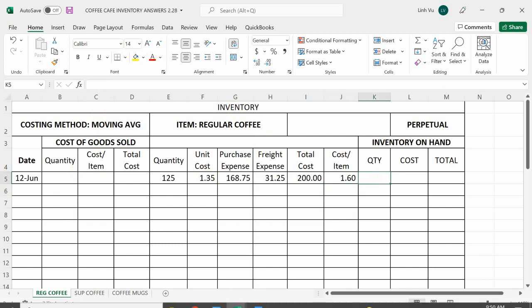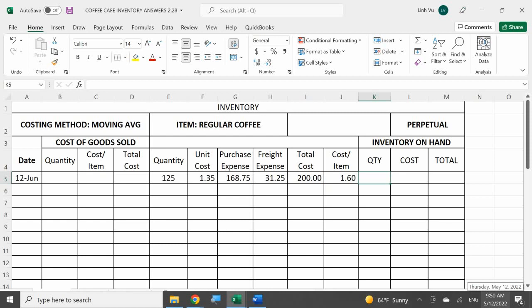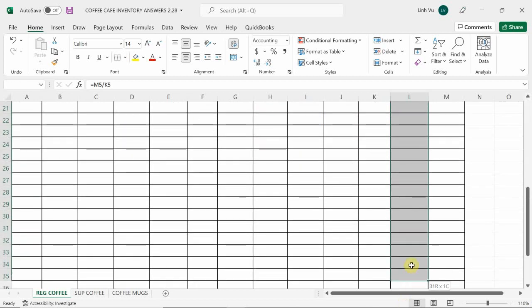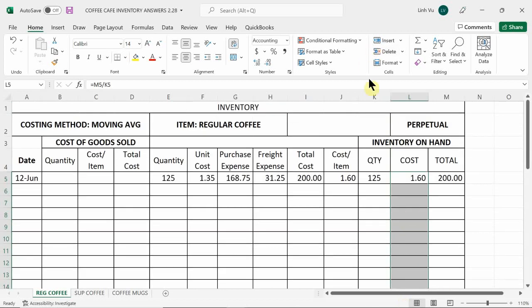So how do I move this inventory into my inventory on hand? Now remember, you're supposed to copy over your quantity of 125 and you're going to copy over your total cost of 200. And what you're constantly doing here is constantly calculating the average cost per item, which means the calculation is going to be in this column right here. Okay?